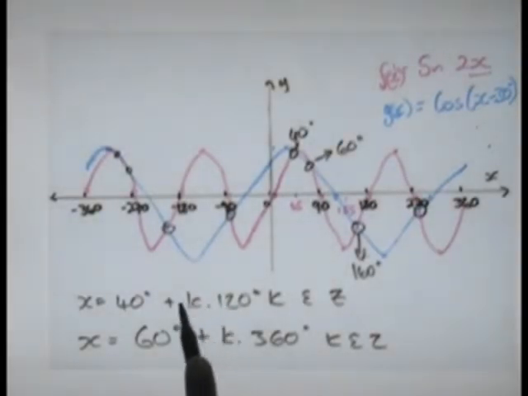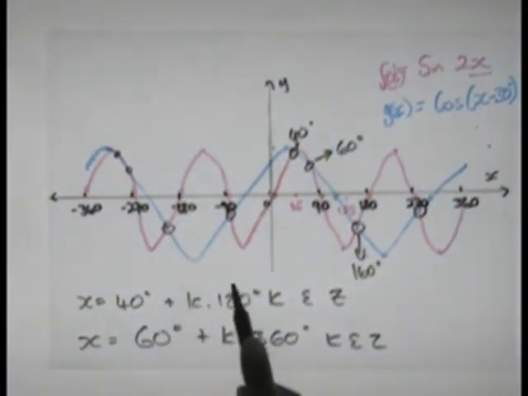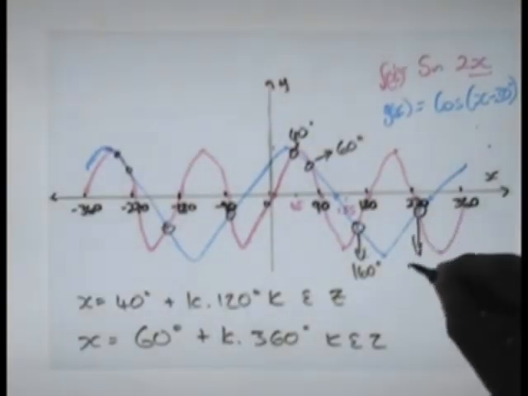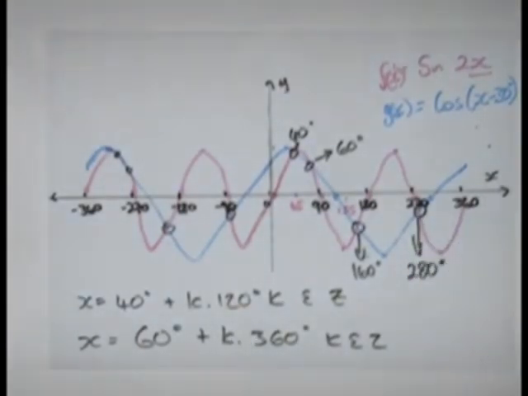When k here is equal to 2, that's going to be 40 degrees plus 2 times 120, or plus 240. 240 plus 40 is 280 degrees. That's in the positive axis.